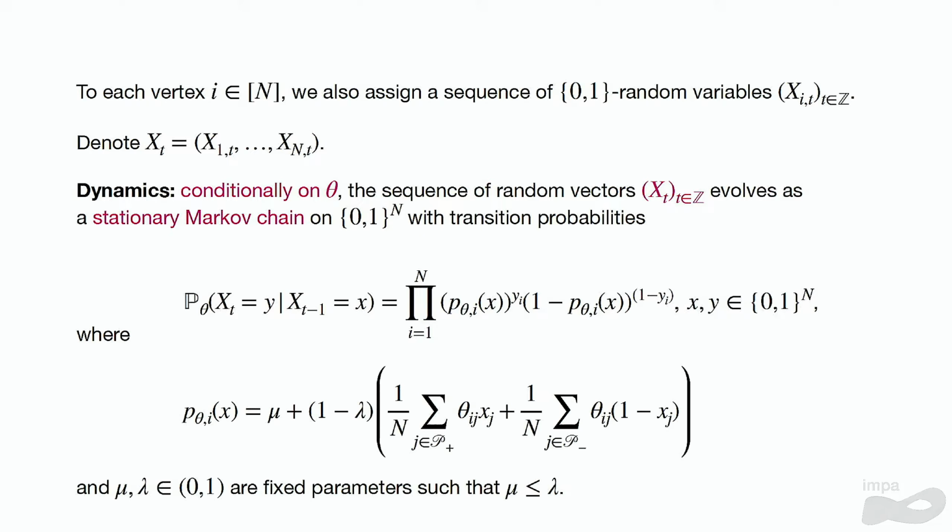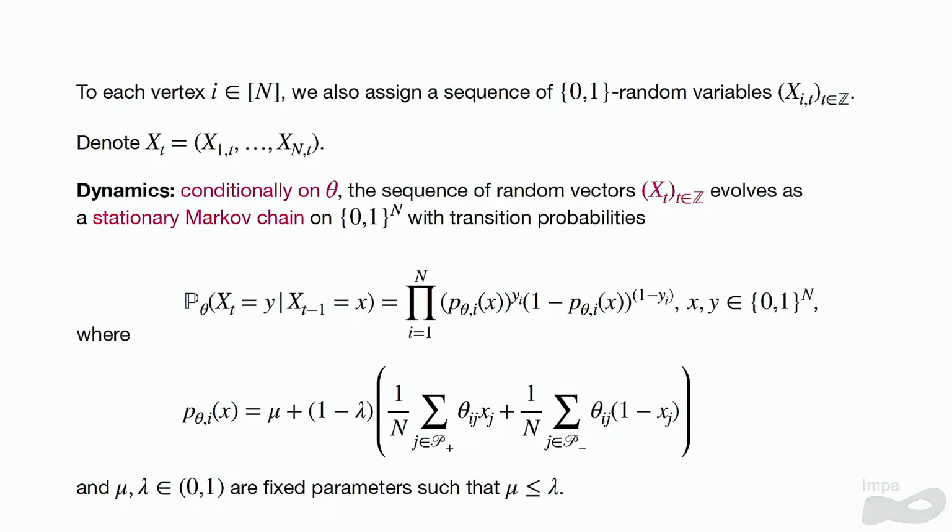And for us, we consider a very simple form for this transition probability, p_theta,i(x), which has this form here. There is a parameter mu, which we can think of as a baseline parameter.